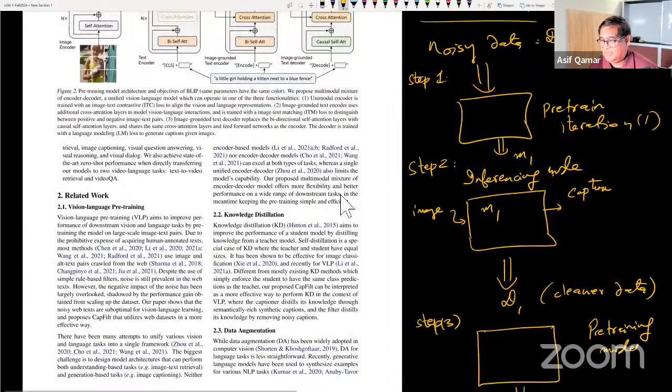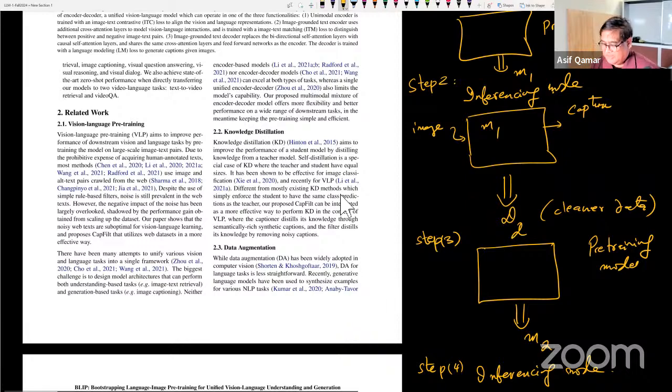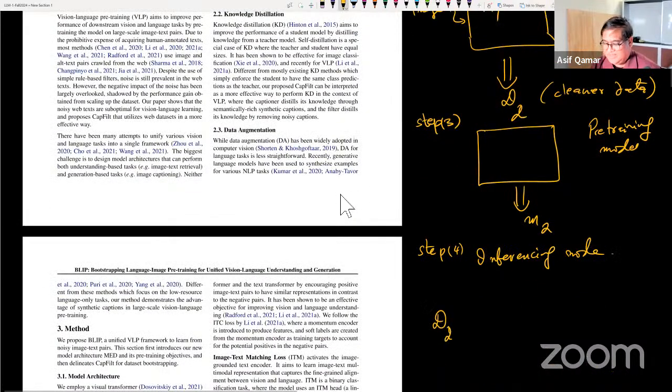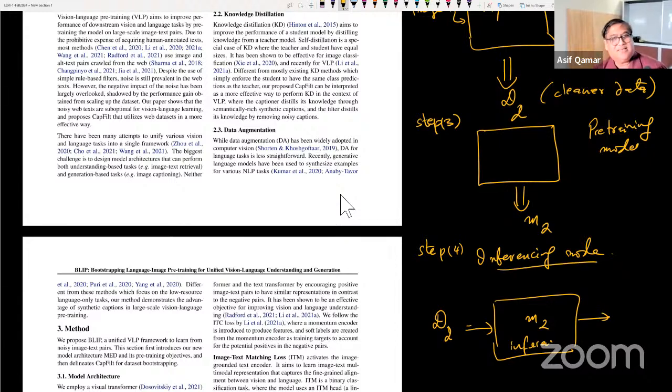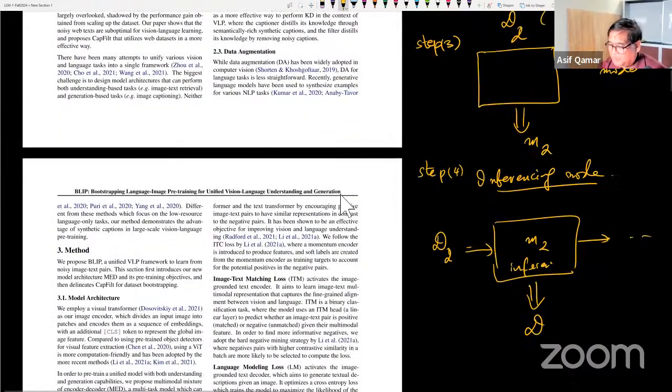Which was D0 or D1? That one, D1. This has to be D2. You give it the second iteration of the cleaner data and you again train this model. This is also kind of effort with backpropagation. In inferencing mode, you get whatever captions, and the output of this is D3. So better data leads to better model leads to better data, and you can keep going back and forth.